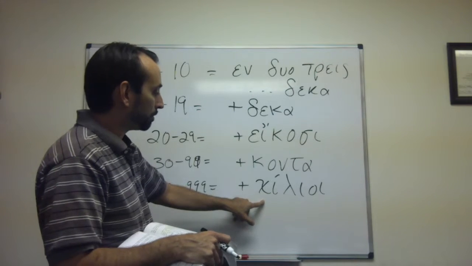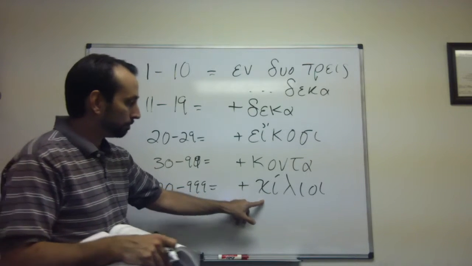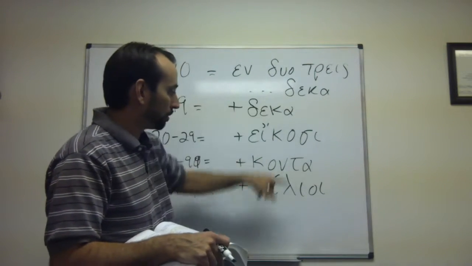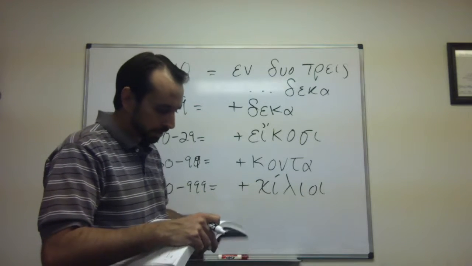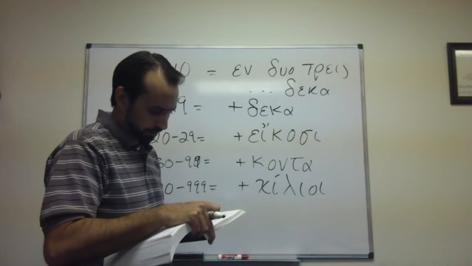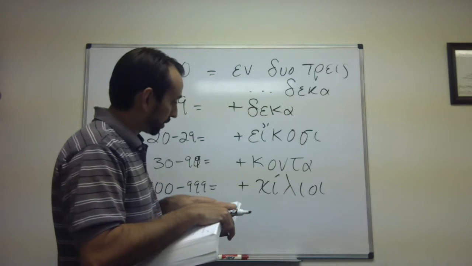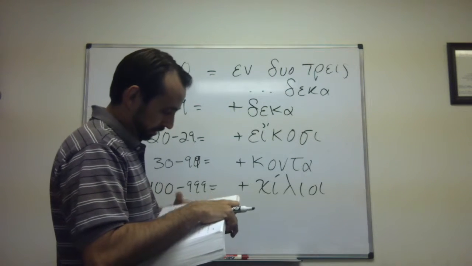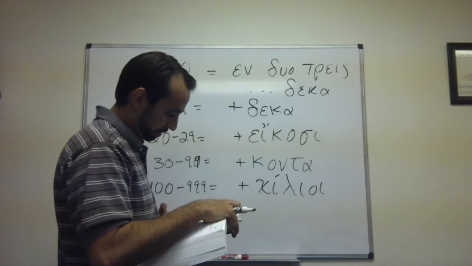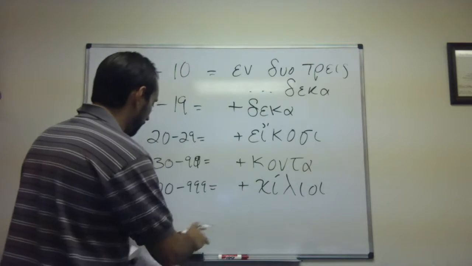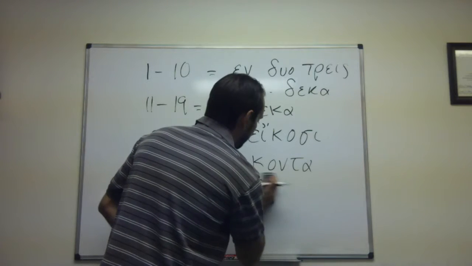So if I wanted to make it 200, I would add the duo to it. If I wanted to make it 300, does he give any examples? Yeah, he does. The dia. Oh, I gave the wrong one. Oh, that's 1,000. Sorry. I was thinking 1,000.